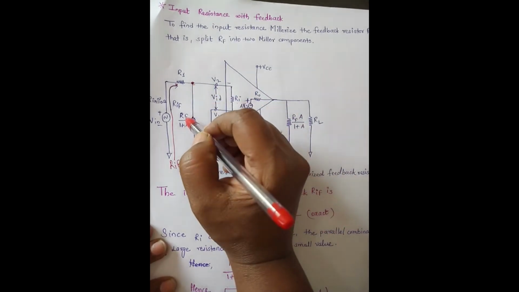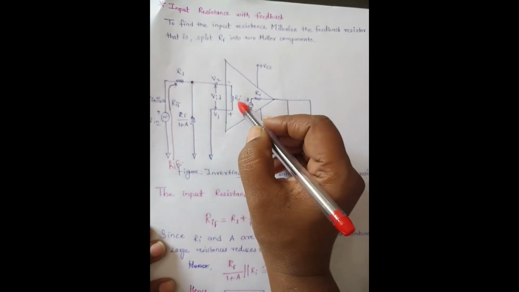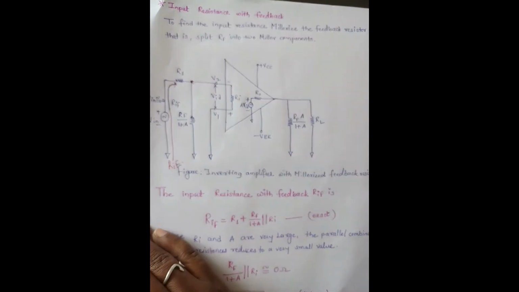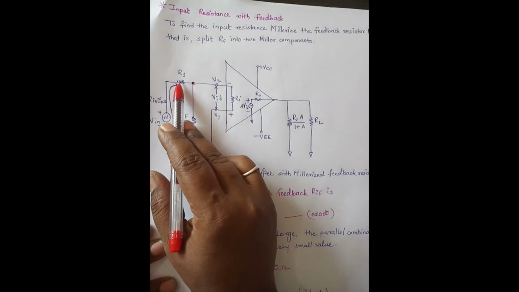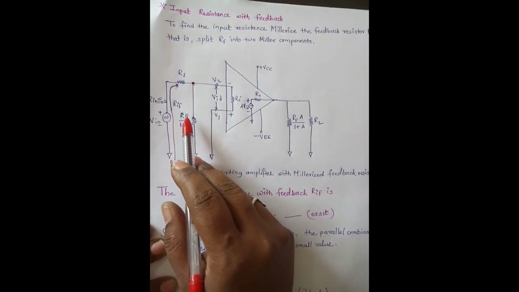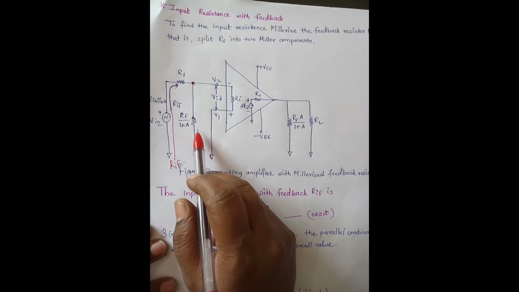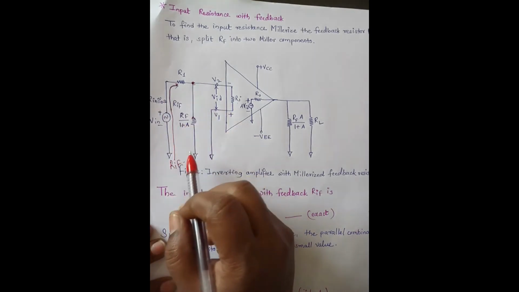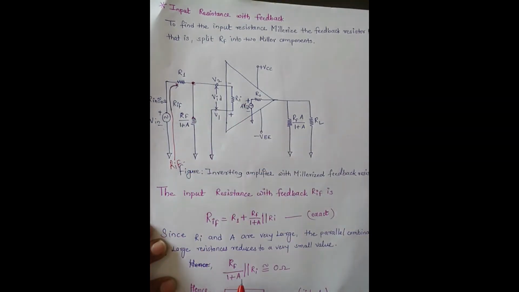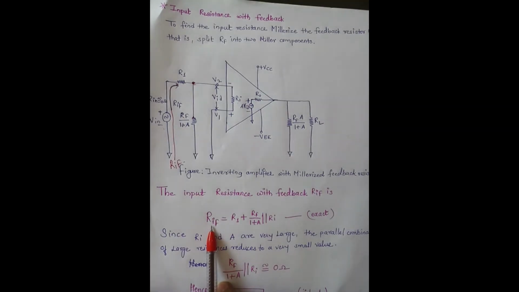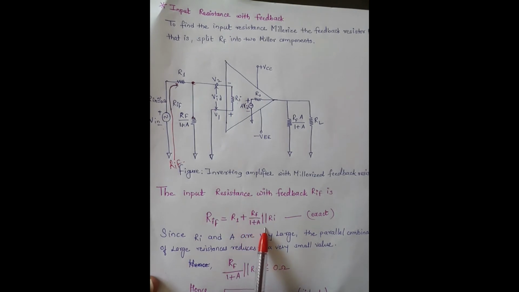So RF by 1 plus A and Ri are in parallel combination, and R1 is in series with the parallel combination of Ri and RF by 1 plus A. So we can write the input resistance with feedback, RIF, as R1 in series with the parallel combination of RF by 1 plus A and Ri. This is the exact value of input resistance with feedback.